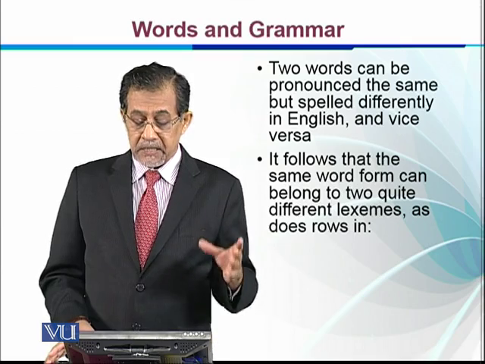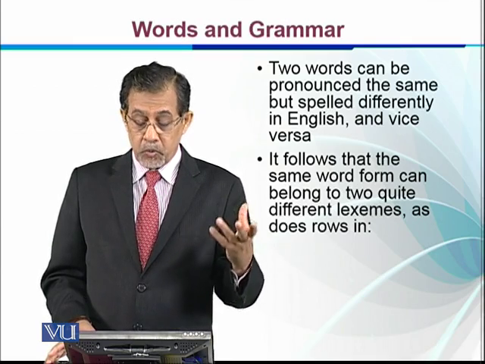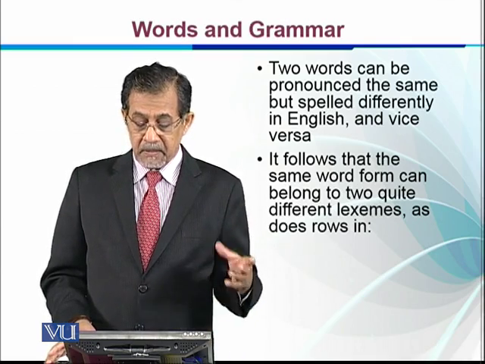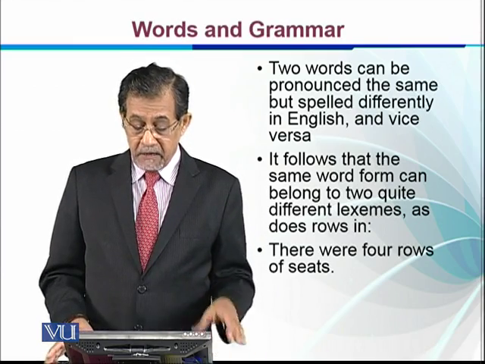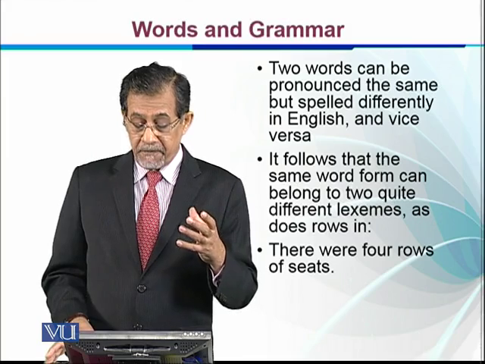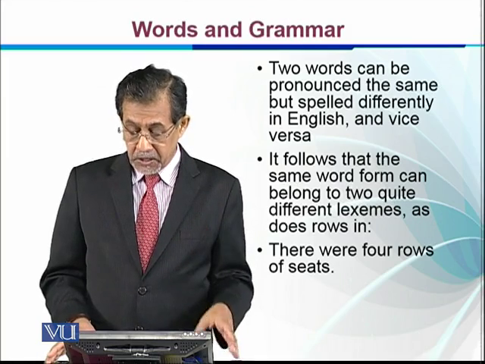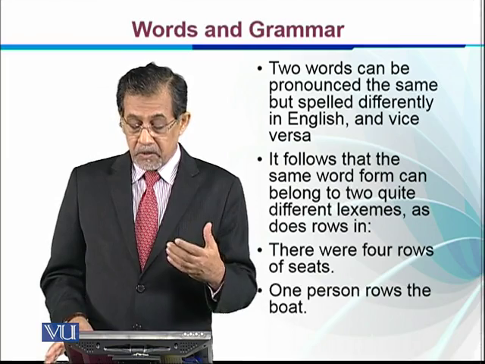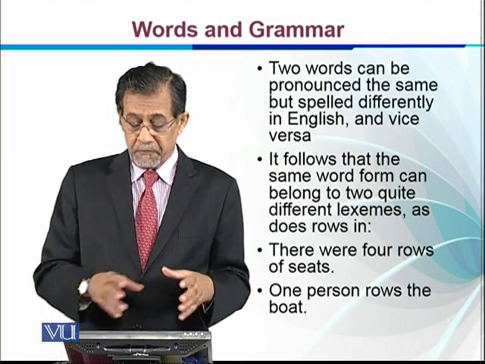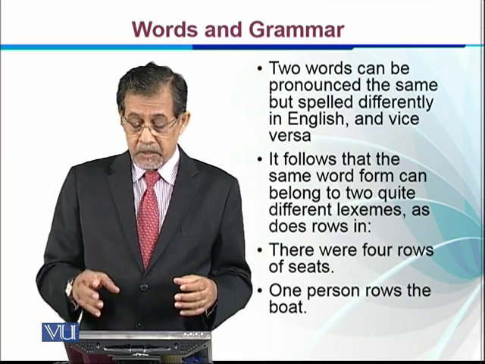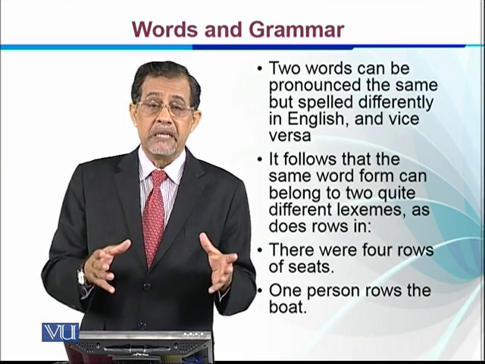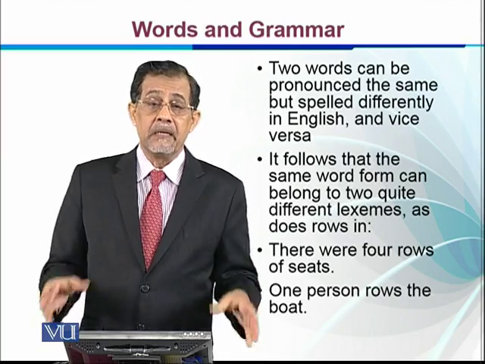It follows that the same word form can belong to two quite different lexemes, as does row in the following two sentences. There were four rows of seats. One person rows the boat. If you look at this, the word rows in the first and the word rows in the second are two different lexemes because they are semantically different.